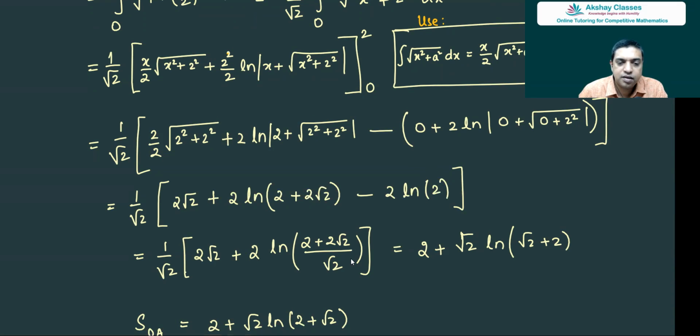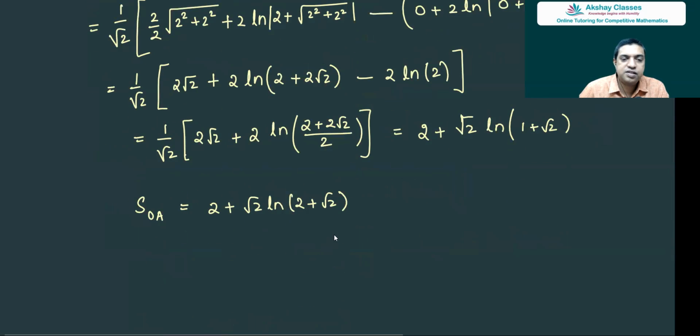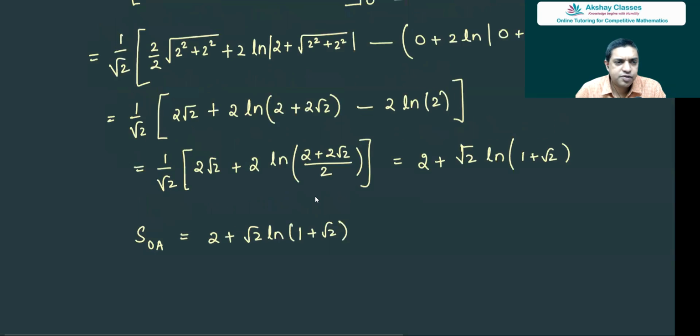So if this is 2, then I'll get here 1 plus root 2. So this is the answer. Here it is 1 plus root 2. There is a division by root 2.